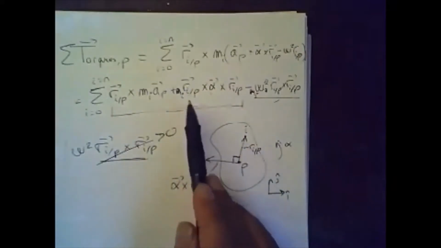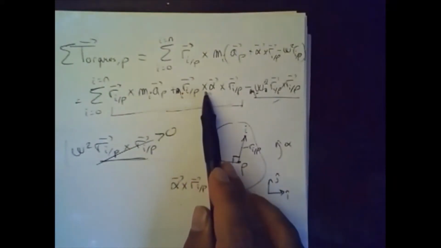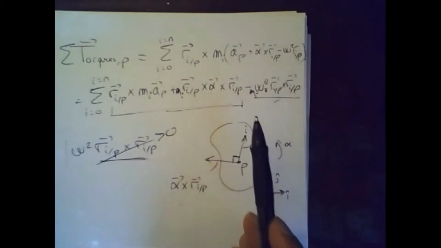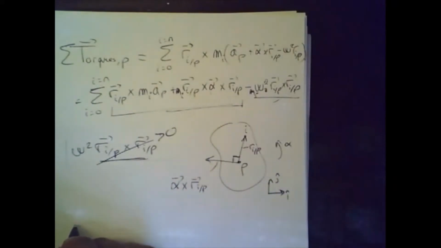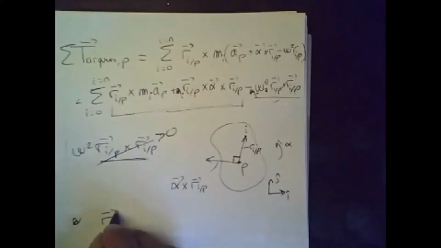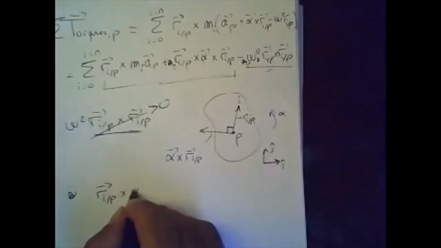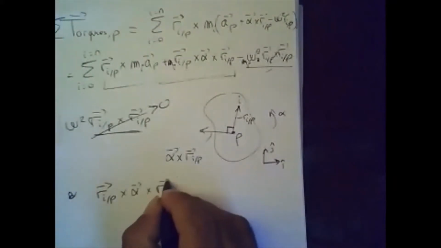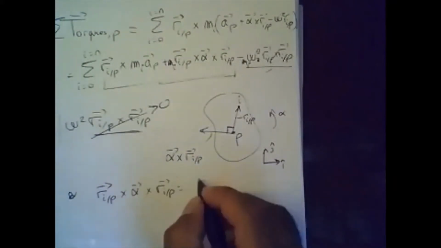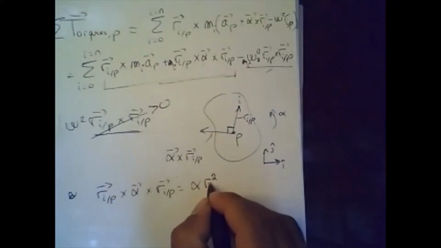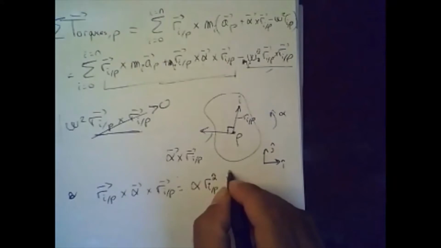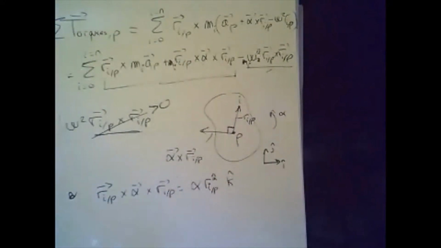Okay, so R_iP cross alpha cross R_iP, I can actually write that as alpha R_iP squared k, and all that basically is in the k direction.